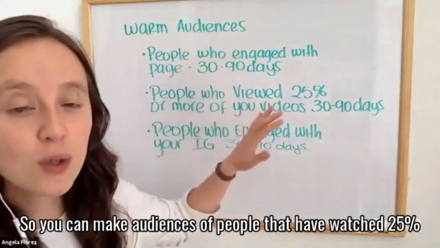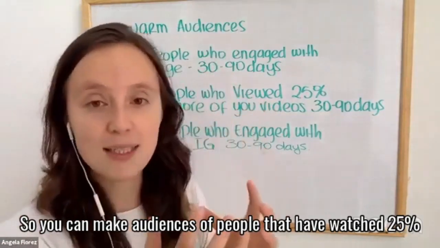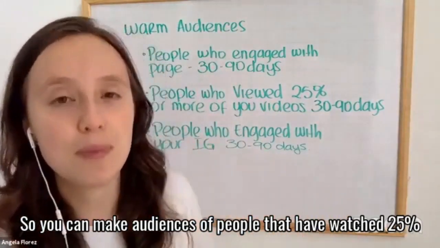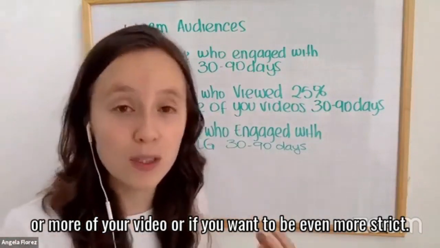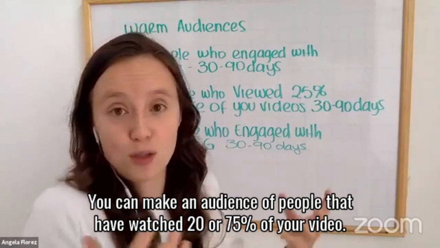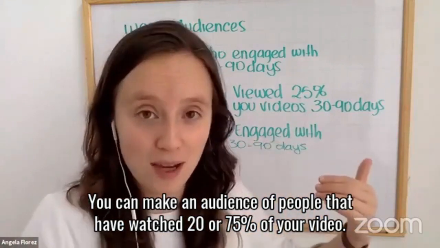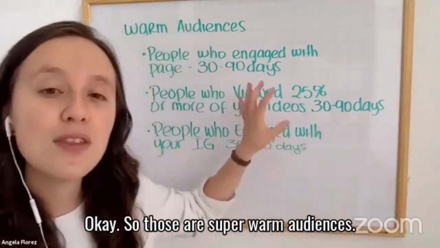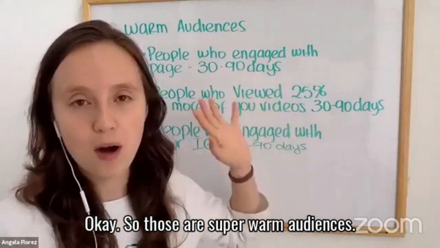So you can make audiences of people that have watched 25% or more of your video. Or if you want to be even more strict, you can make an audience of people that have watched 50 or 75% of your video. Okay, so those are super warm audiences.